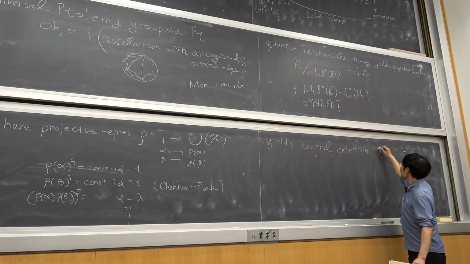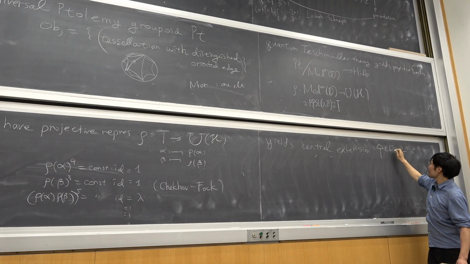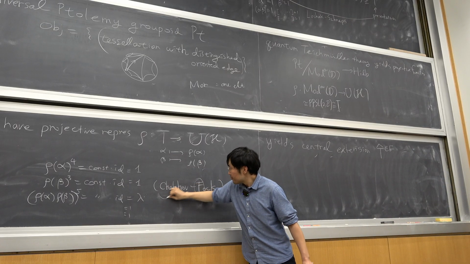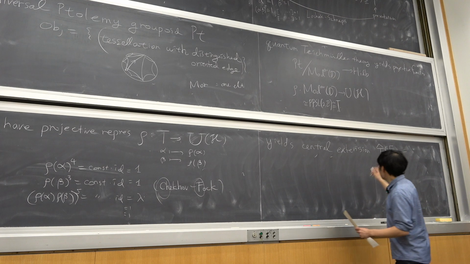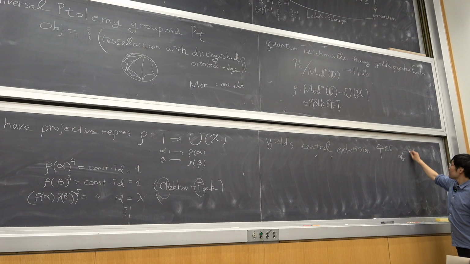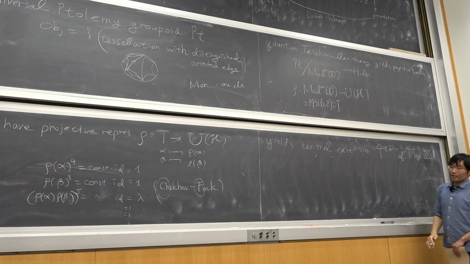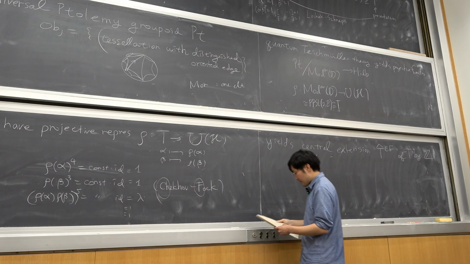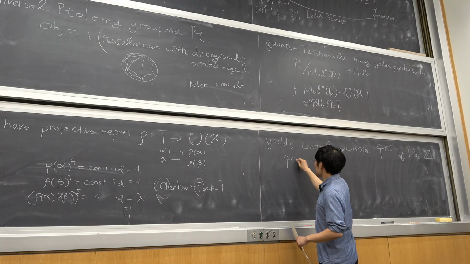Let me call it T hat CF, CF means Chekhov-Fock, of T by Z. It could have been by U1, but actually you only need Z. And we just got a presentation of it.